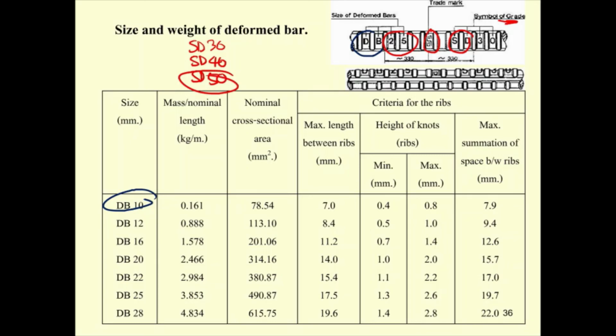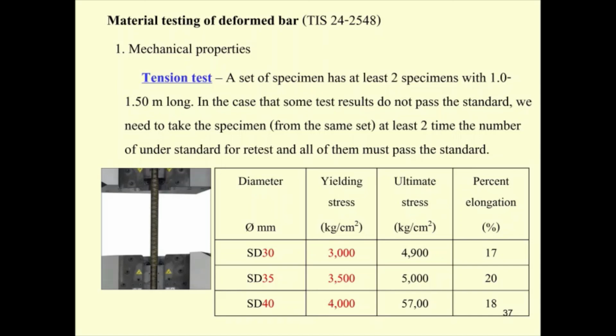They are going to develop the strength of the steel so that they can use less of it, okay, to make the structure more and more effective. Okay, so as a new engineer, check out SD50.